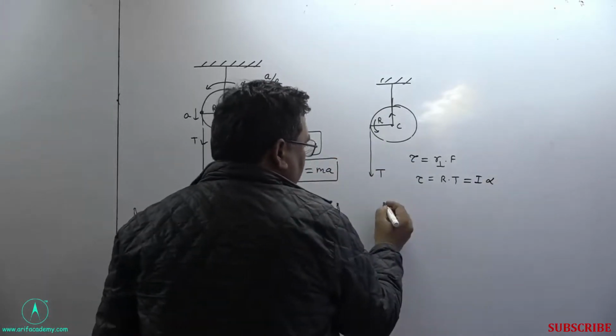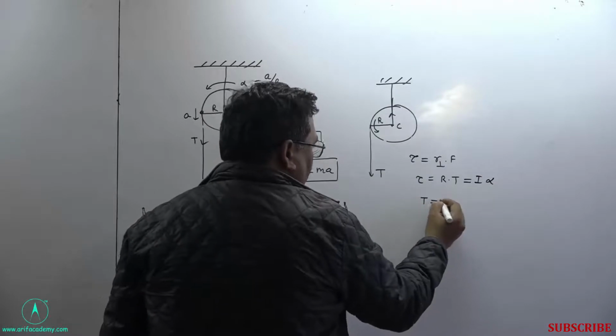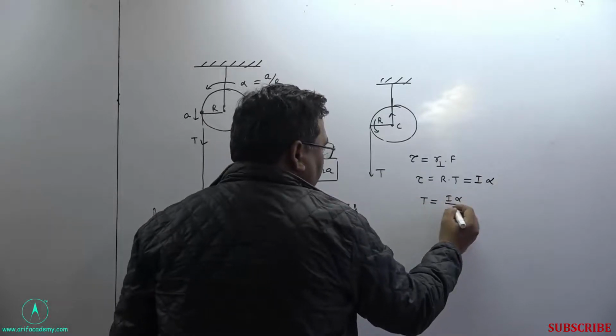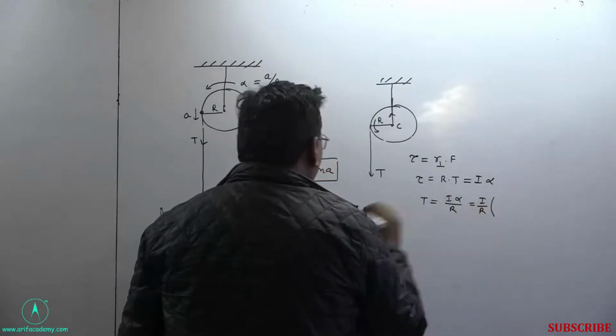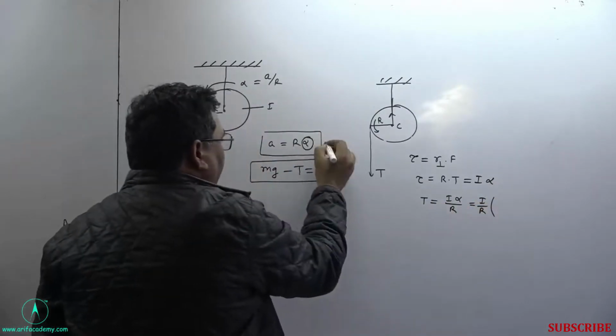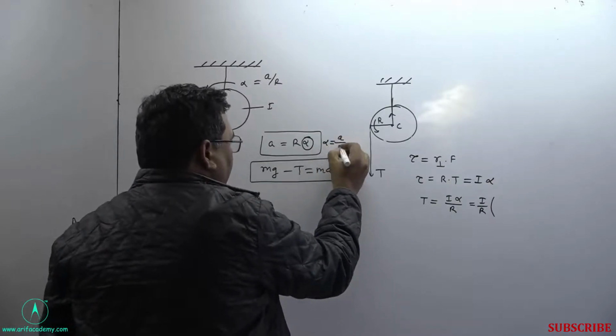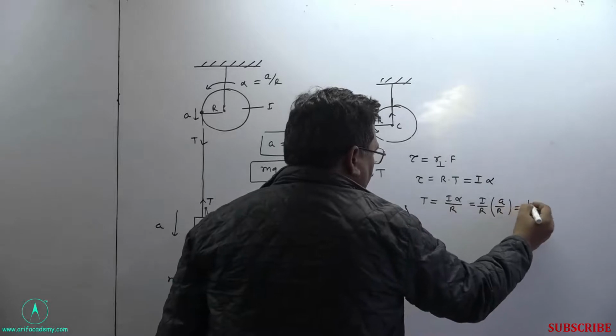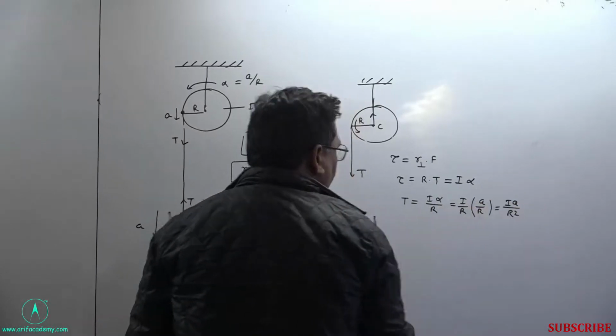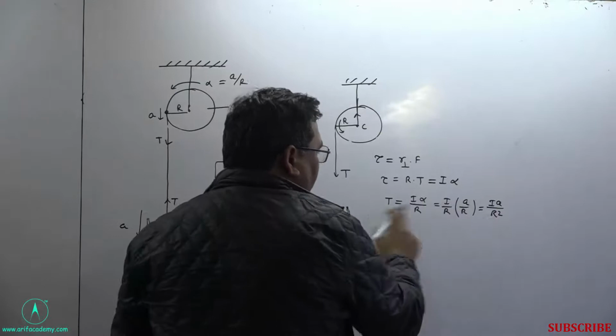Okay, and net torque equals I alpha, we know that. So T will be equal to I alpha by r, and we can write alpha as a by r. Put it here: T equals I a by r square. So we have got the value of T in terms of acceleration.